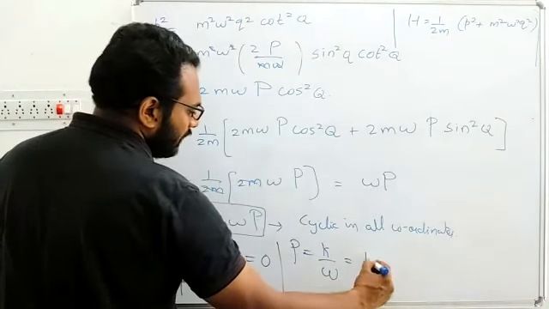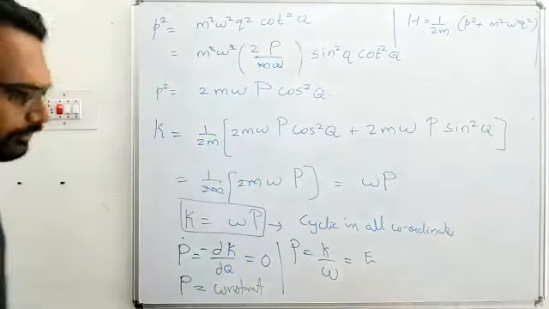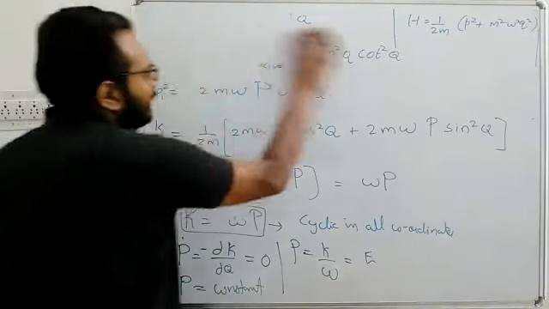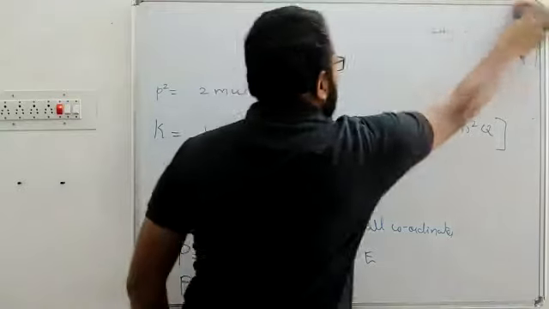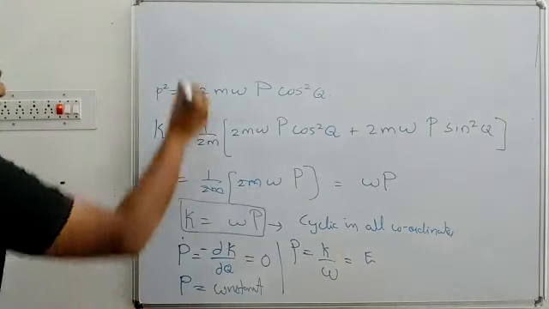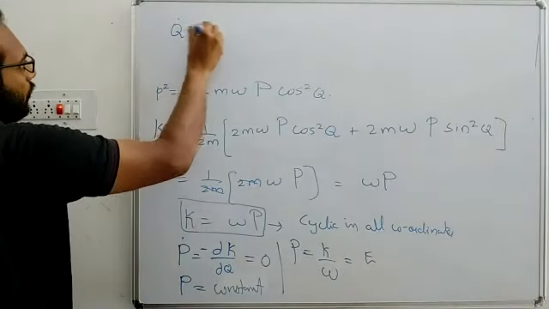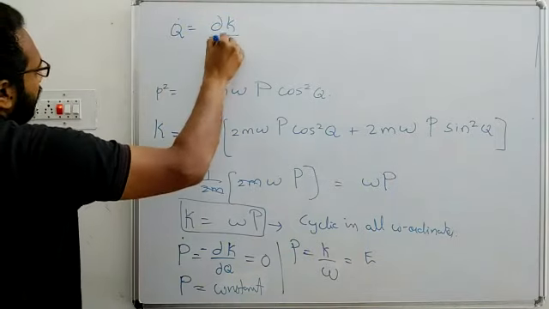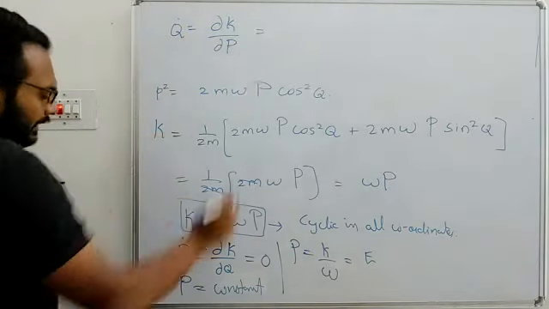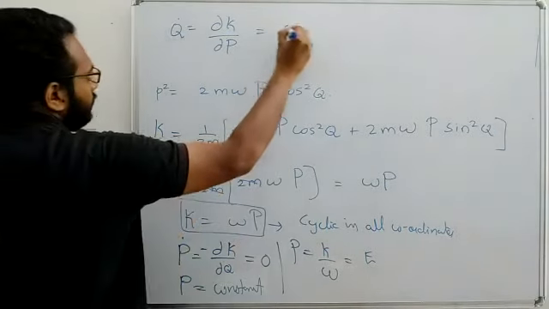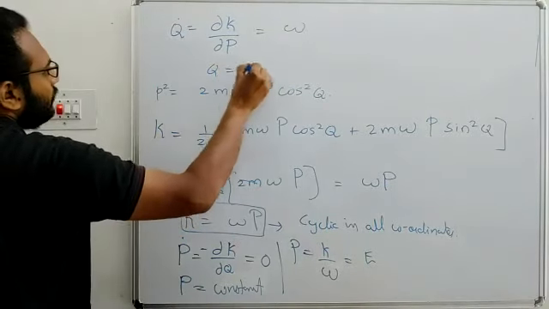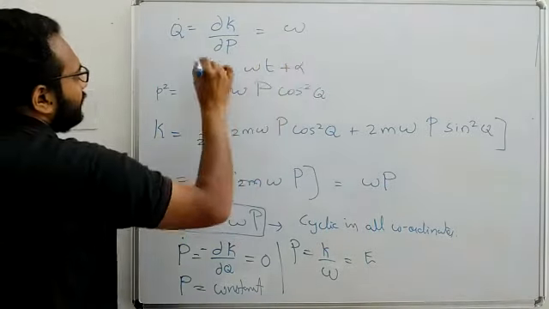You can identify it with the total energy of the system. So you got the first integral of motion. The second is also simple. You see that Q dot is equal to dou K by dou P, and that simply is equal to omega. Or Q is equal to omega T plus some constant.